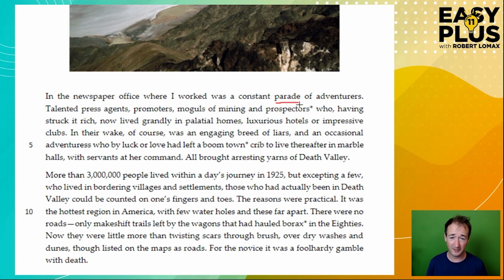So we've got several ideas here. We've got the idea that there are many people, we've got the idea that they come one after another rather than all together, and we've got the idea that there's something rather magnificent about them. And those ideas together should be plenty for our 2 marks.